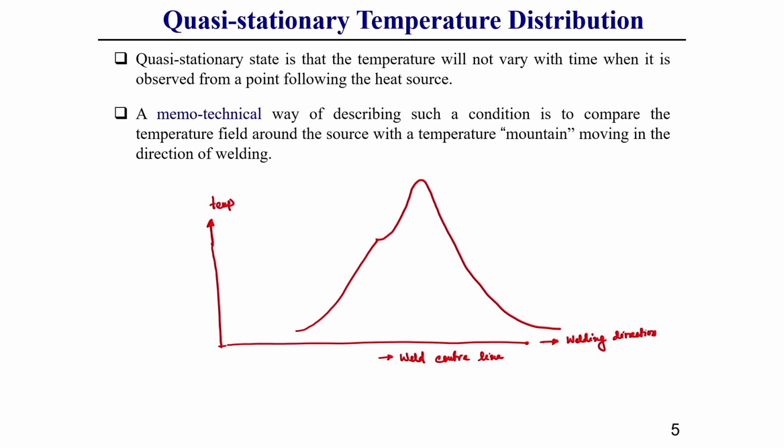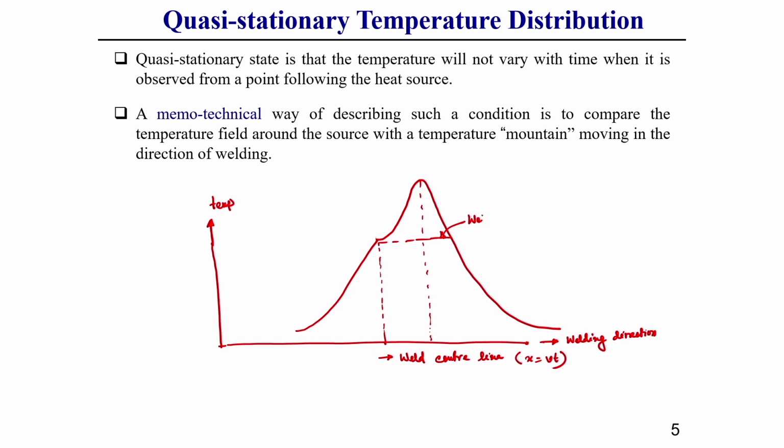This is the weld center line, here generally x is equal to welding velocity into time, so with time it is varying. From here to here, this zone is generally called the weld pool zone.